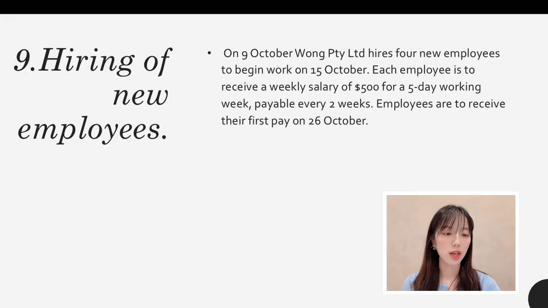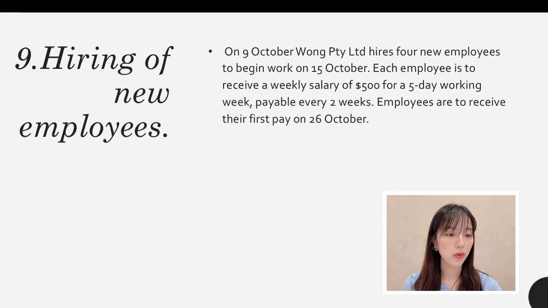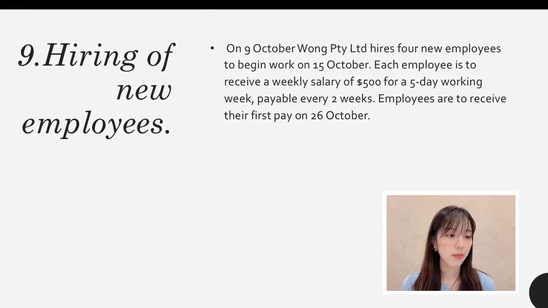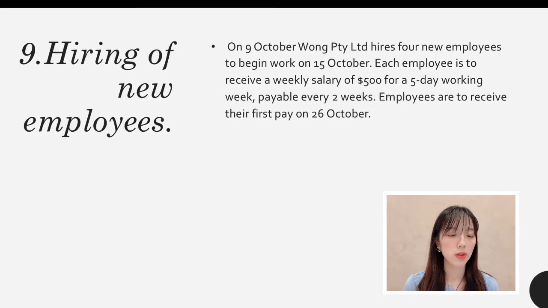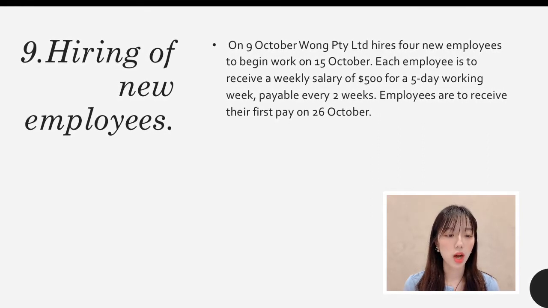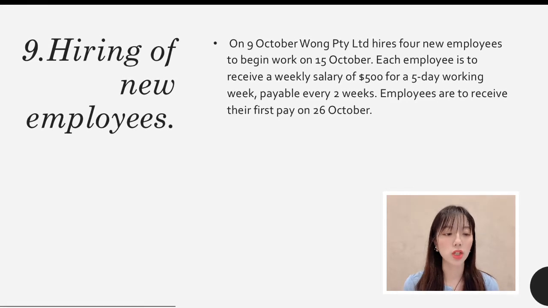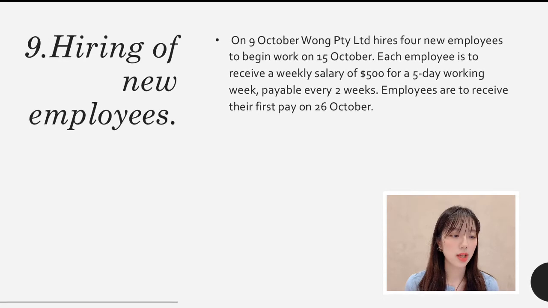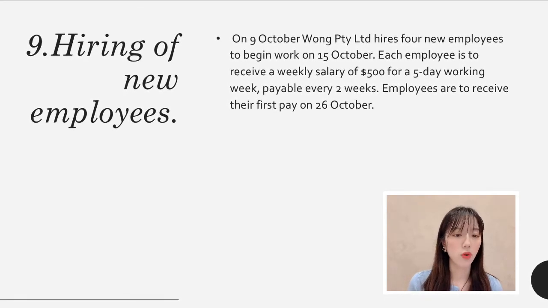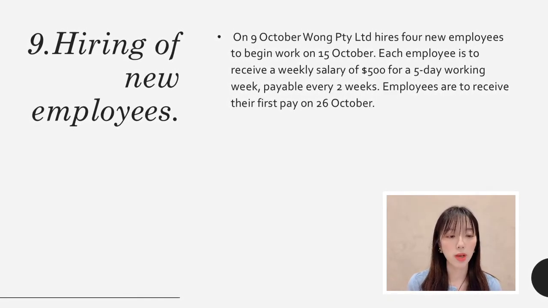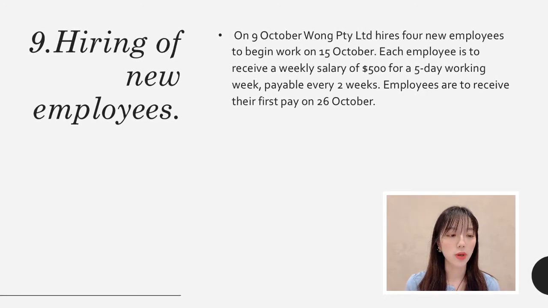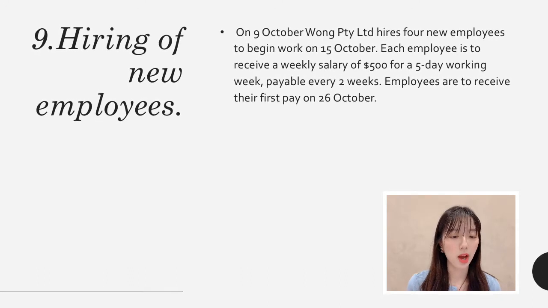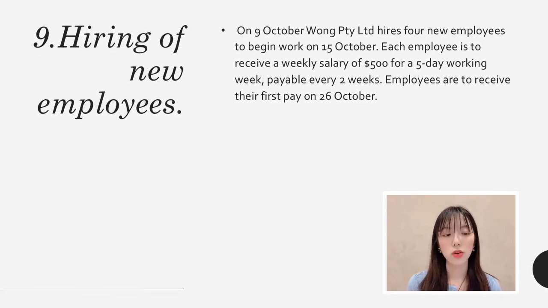Number 9. Hiring the new employees. On 9 October, One Limited hired 4 new employees to begin work on 15 October. Each employee is to receive a weekly salary of 500 for a 5-day working week, payable every 2 weeks. Employees are to receive their first pay on 26 October.